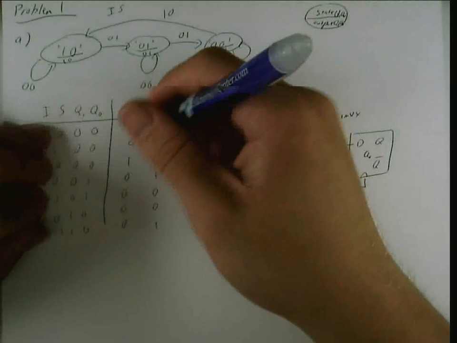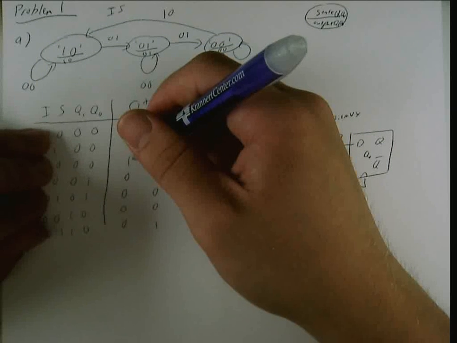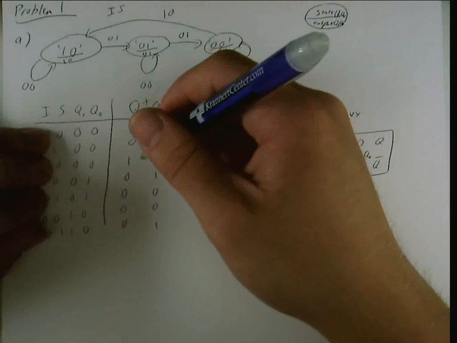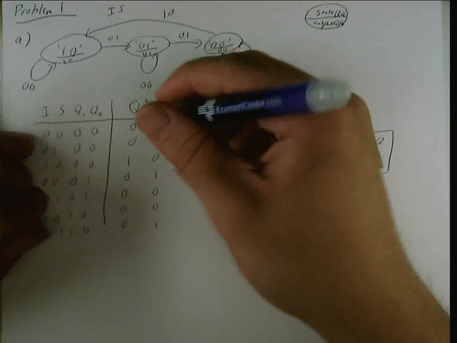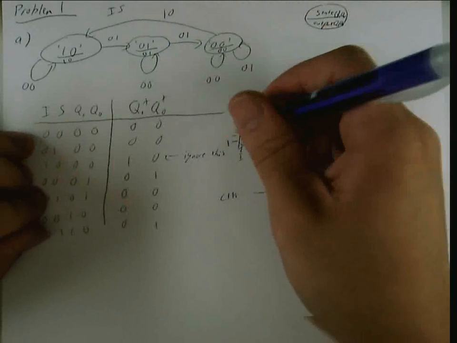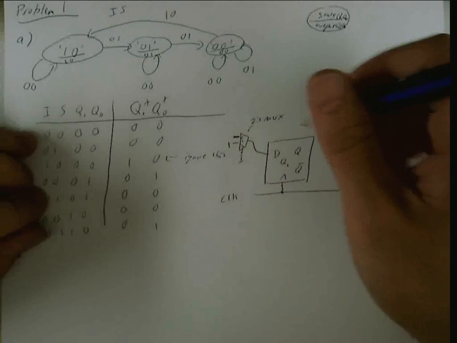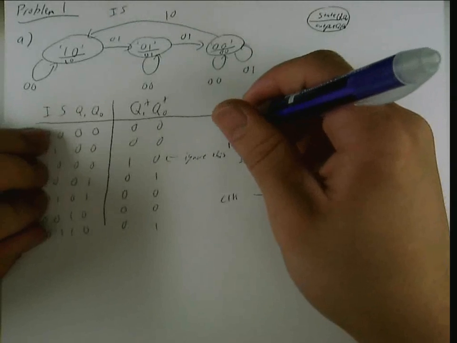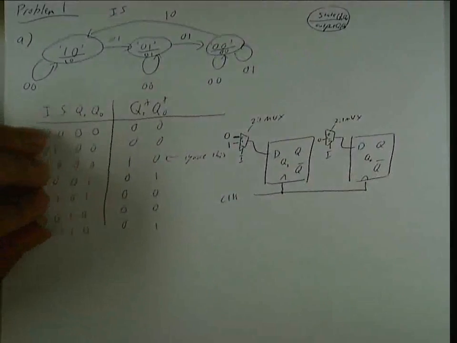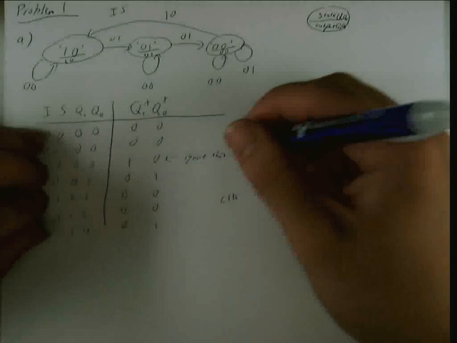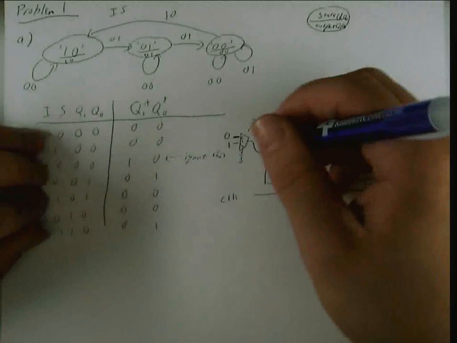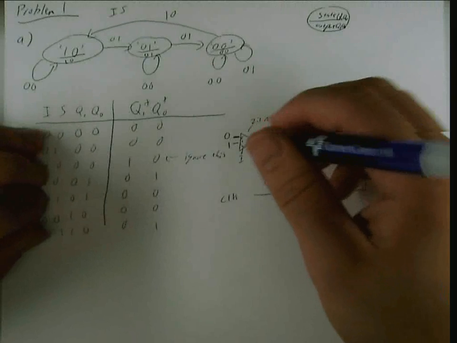So we can actually ignore this Q1 plus because we're ignoring this row. And so really, it doesn't matter what we put in here, but we're going to put a 0 into there. So that way, every time we shift, we're going to output a 1.